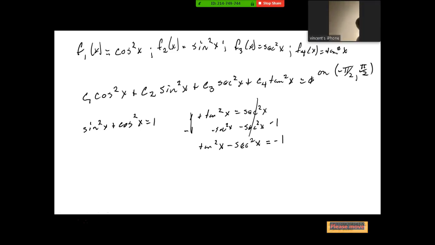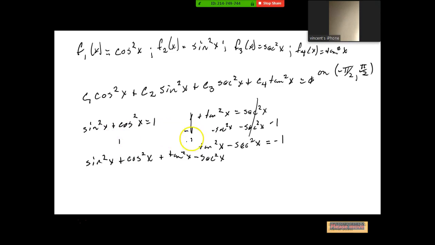Now, I'm going to do something that's really cheap and dirty here. If I say sine squared x plus cosine squared x, we know that's equal to 1, right? Plus tangent squared x minus secant squared x, we know that's equal to minus 1.